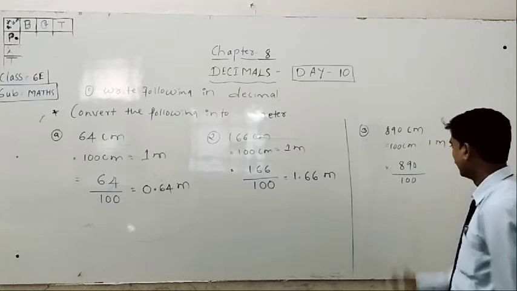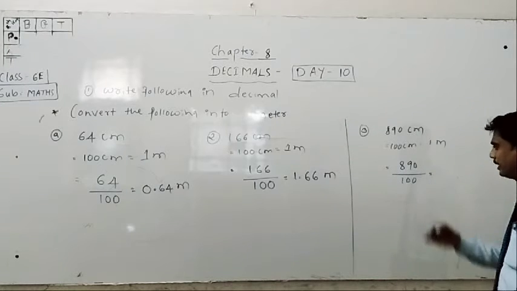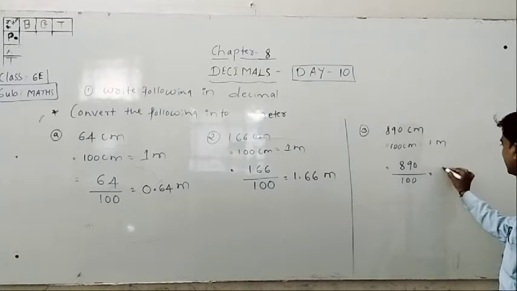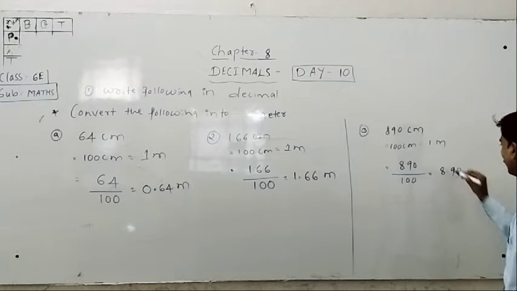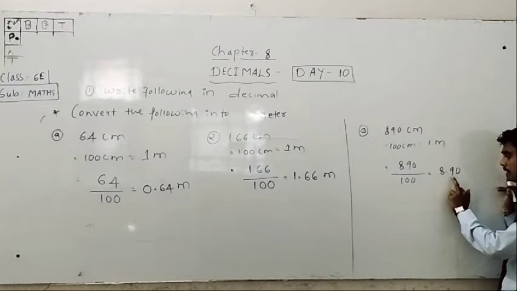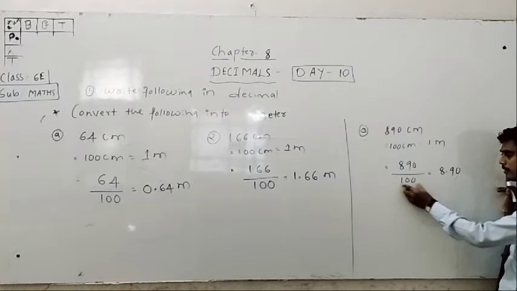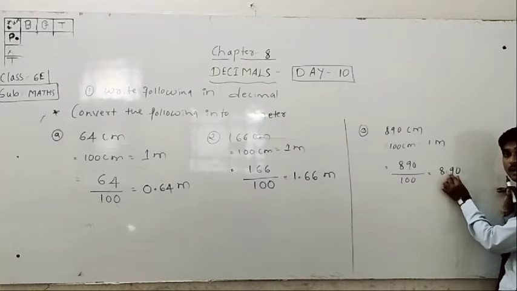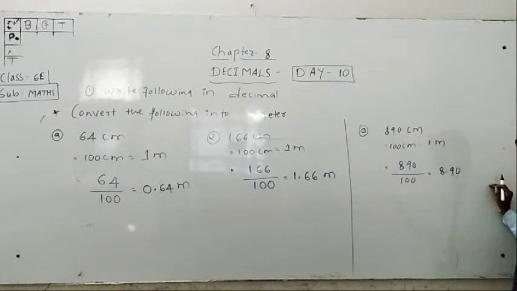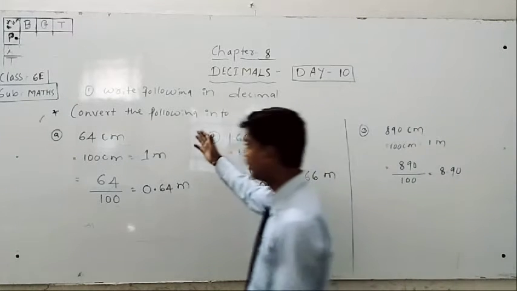Correct? Then after the point we want to make the 10th place, so 8.90. We should read it as ones point tenth hundredth, because here 100 is given, so we want the 100th place number. Understood? Okay. This one you should convert.